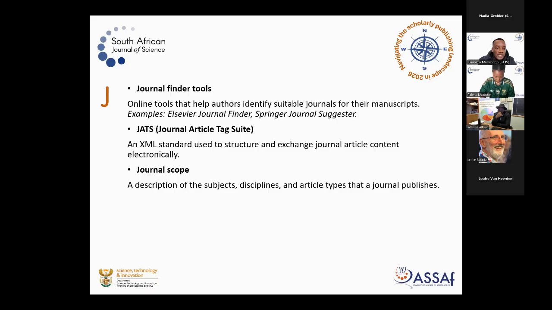JATS, the Journal Article Tag Suite, is an XML standard used to structure and exchange journal article content electronically. Journal scope is a description of subjects, disciplines, and article types that a journal publishes.